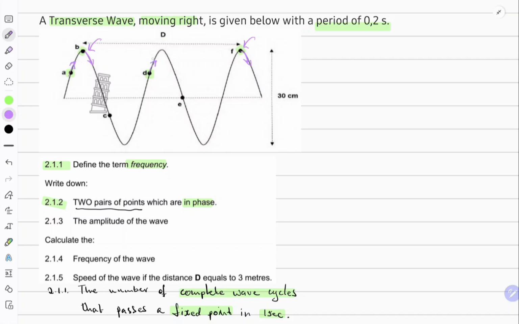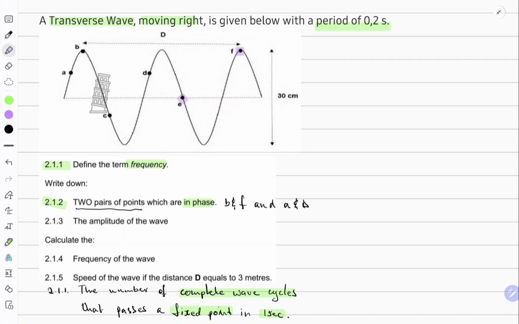So therefore, the points that are in phase are B and F, and A and D. Now, what about, for example, E and F?